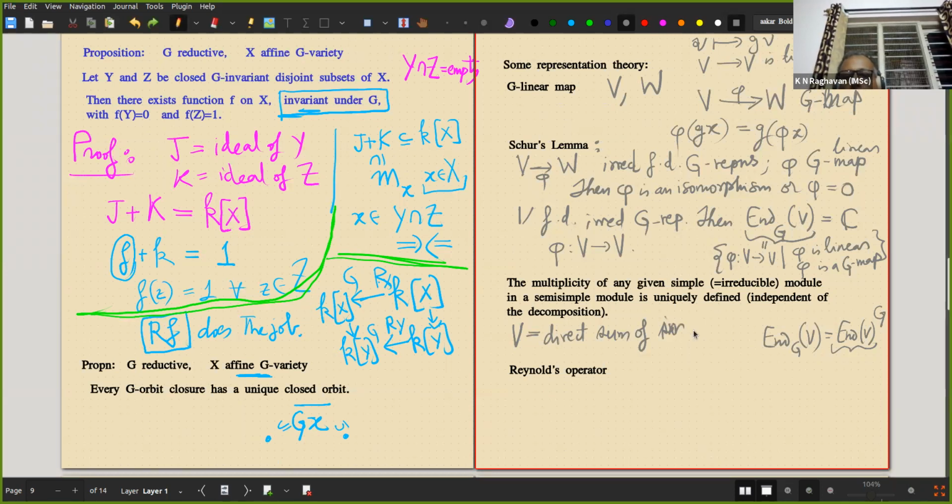Irreps is short for irreducible representations. Then this decomposition is unique in the following sense. Let me remove this Reynolds operator from here.